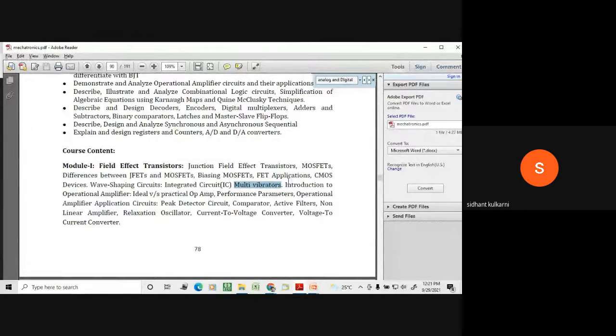Introduction to operational amplifier, ideal versus practical, performance parameters, that is gain, bandwidth, slew rate, etc. Operational amplifier application circuits, peak detector we have gone through, comparator, active filter just now we have completed, non-linear amplifier, application as a relaxation oscillator, astable multivibrator, current to voltage and voltage to current. So this completes your unit number 1.